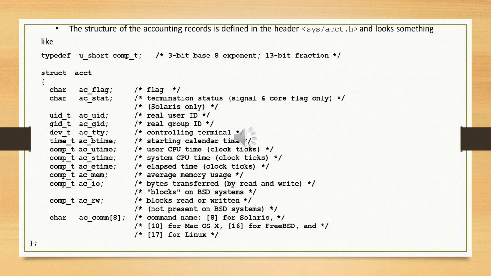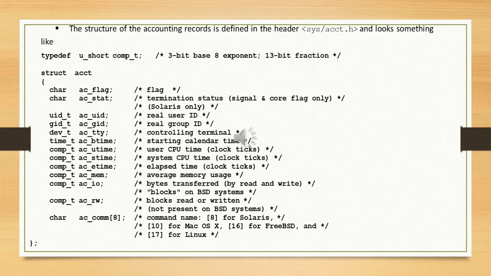To get the status of the accounting records, we use one structure. The structure name is acct, which is defined in the sys/acct.h header file.